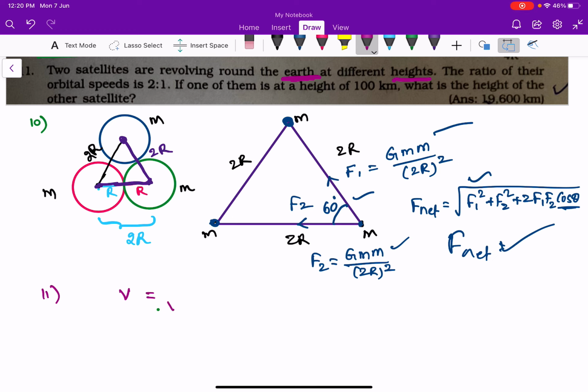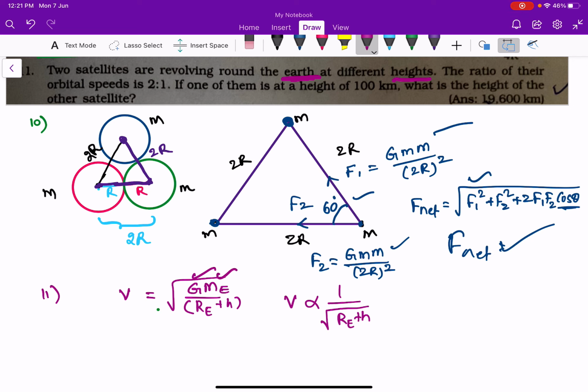The orbital speed v is equal to root of G M e divided by R e plus h. So v is inversely proportional to root of R e plus h, since G is constant and M e is constant.